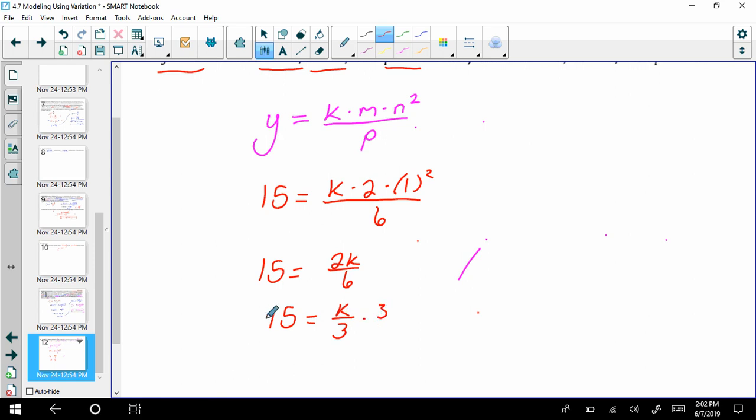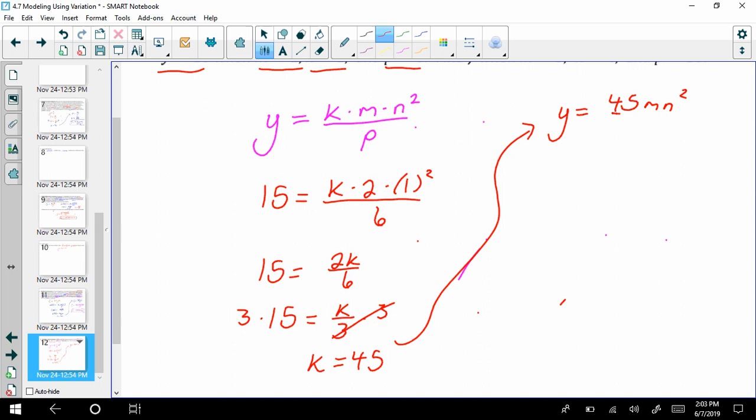And I'm going to times the 3 over. So my k value should be 45. So if I write the equation, 45 times m times n squared over p equals y.